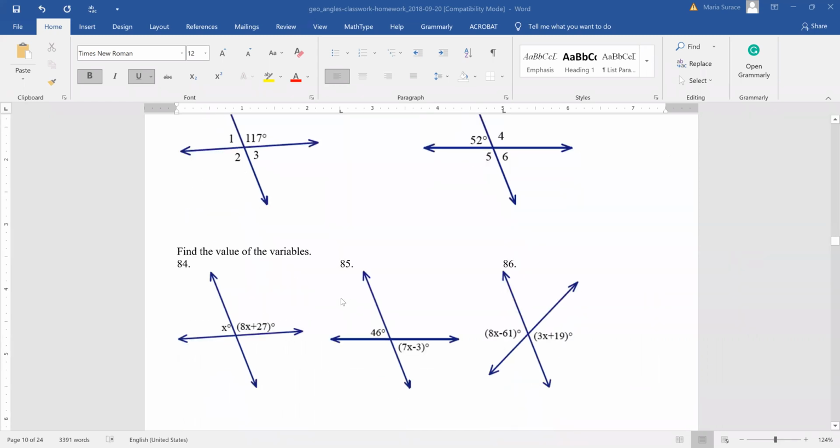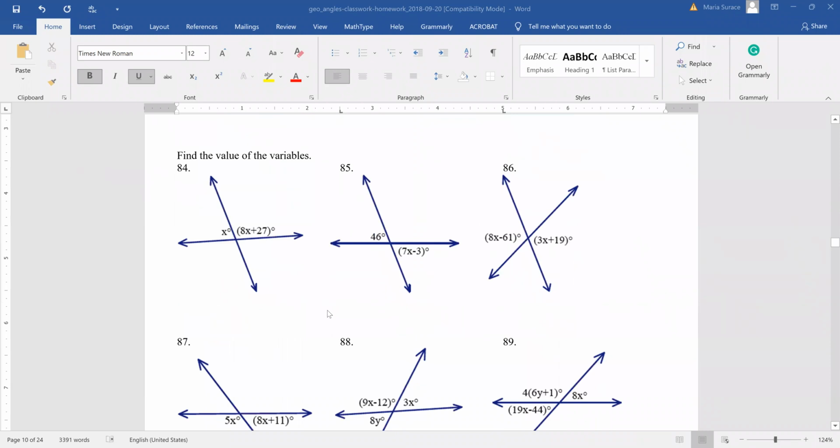Let's move on to a more difficult one. So let's go to 85. When you have expressions that are representing your angles, you need to set up equations to solve them. So that's what we're going to do. But we have to set up our equations based on the relationship between the angles. So take a look at what they give you. They give you 46 here, and they give you 7x minus 3.